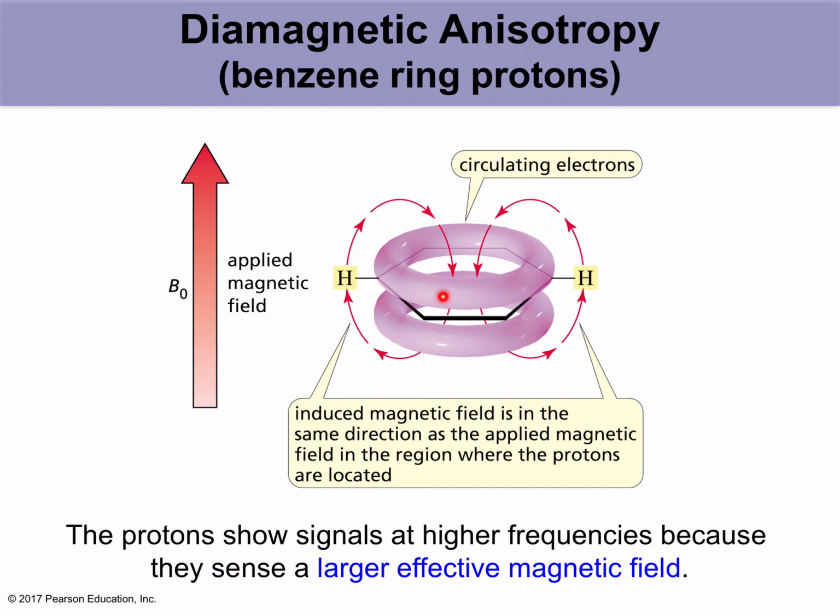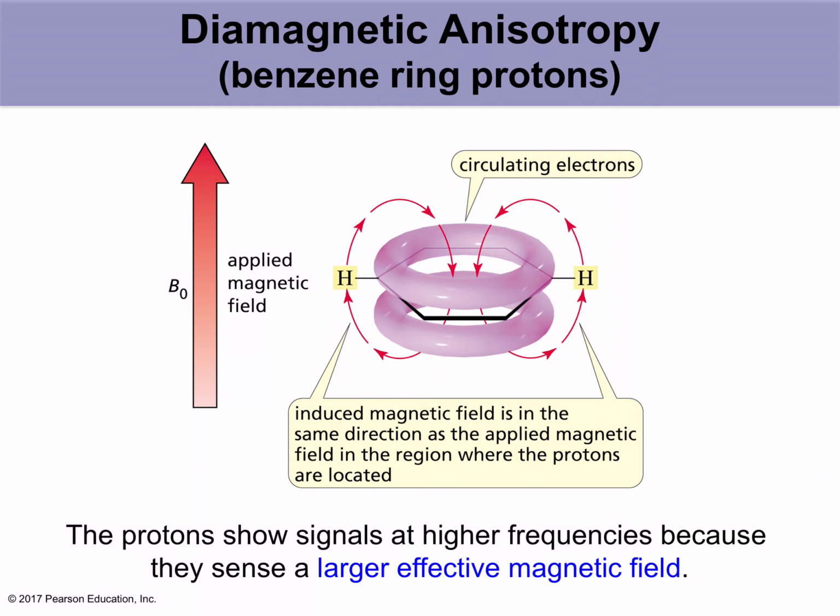You see here in the benzene ring there is a pi cloud above and below the plane of the benzene ring. The magnetic field induced by these pi electrons of the benzene ring, in the region where benzene's protons are located, is oriented in the same direction as the applied magnetic field.